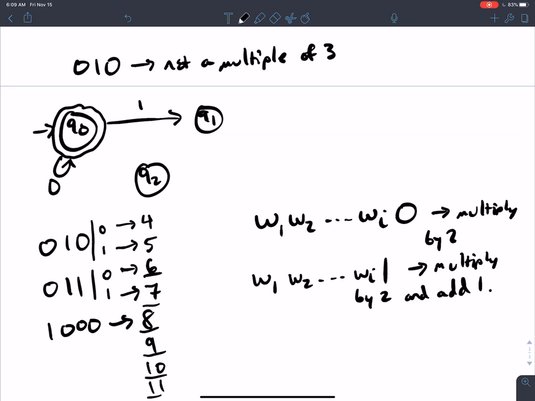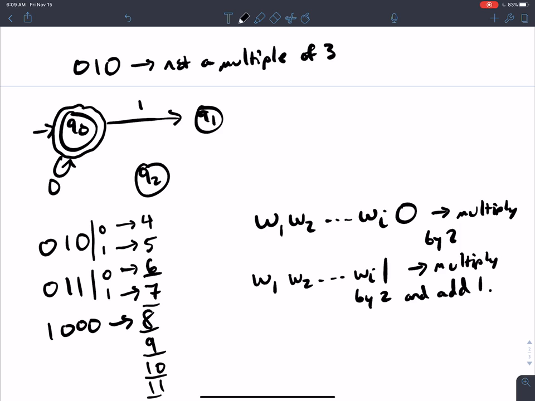So let's see. Q0, I'm going to think of as all the numbers that are a multiple of 3. Q1 is the one right after it, and Q2 is the one after that. So let's think about what Q1 would do on 0. Q1 says that we're going to multiply the thing by 2.